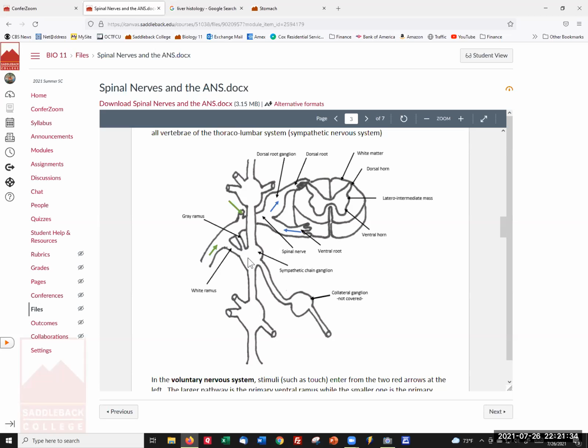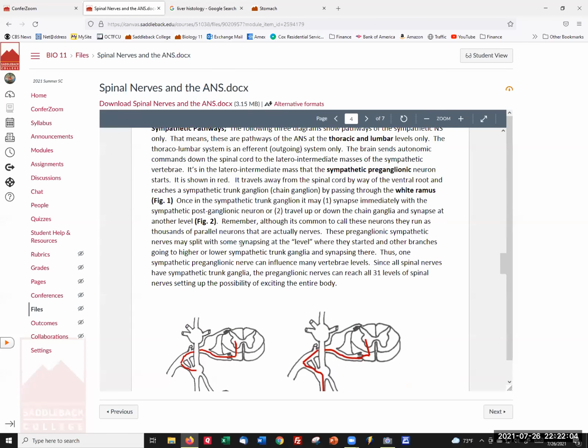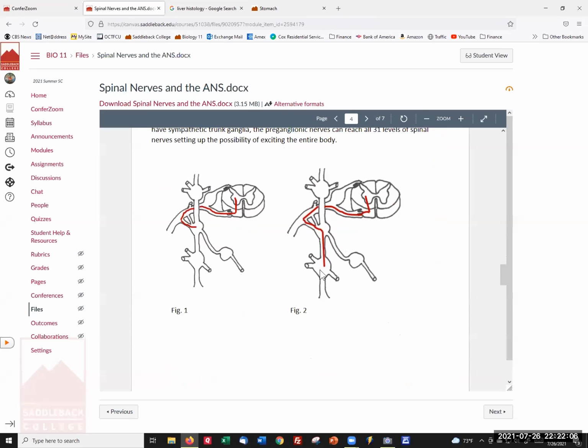From there, it can move up or down and synapse with the next neuron, and then travel to the organ that has to be told what to do or be innervated. When it travels out of the chain ganglion, it always exits by the gray ramus. I want to get to the next picture. Okay.